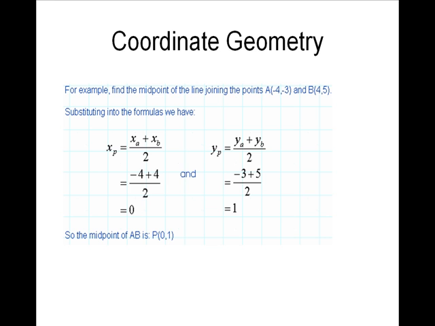As you can see, minus 4 plus 4 is x1 plus x2, or here it's xA plus xB, which is the same as x1 and x2. You basically are labeling your points x1, y1, x2, y2, and you're using it in your slope formula, in your midpoint formula, and in your distance formula.